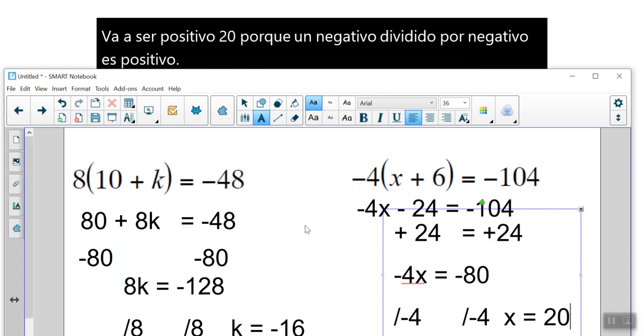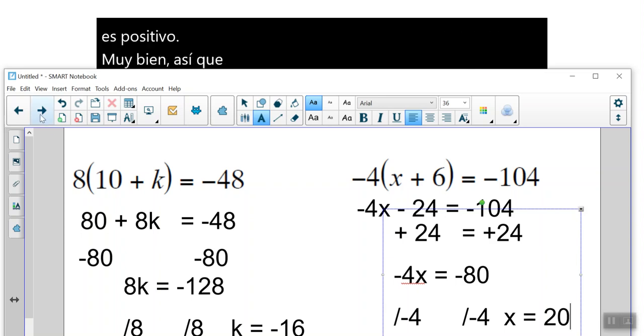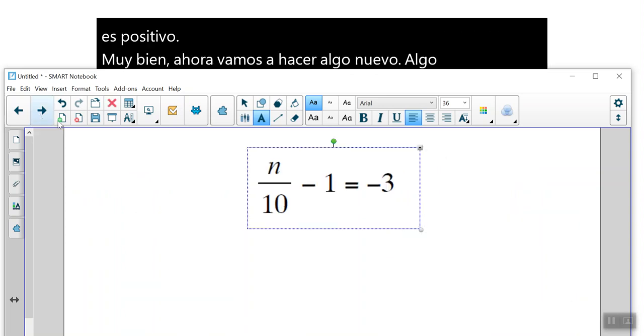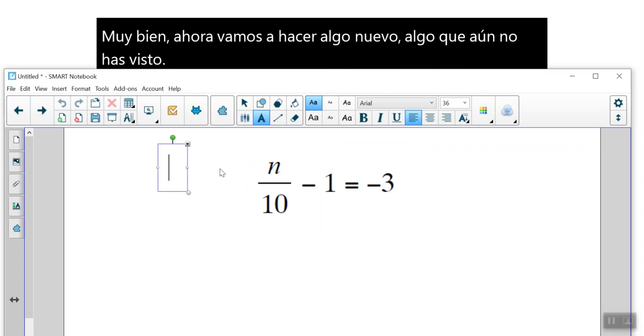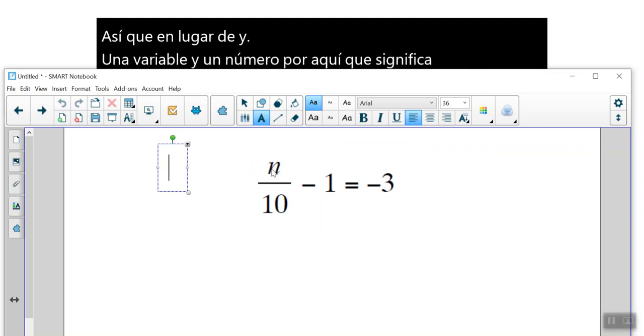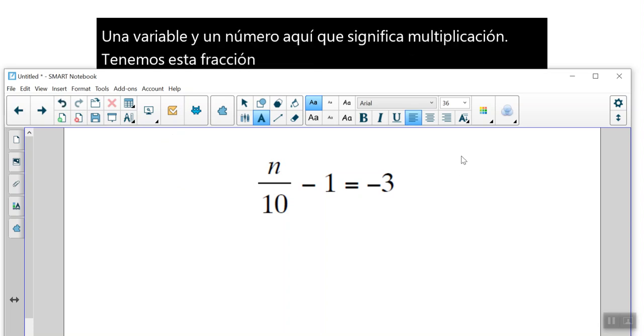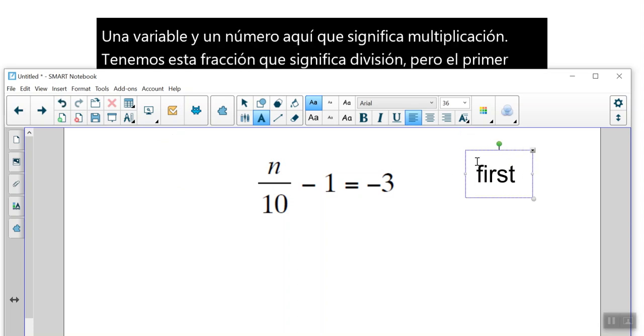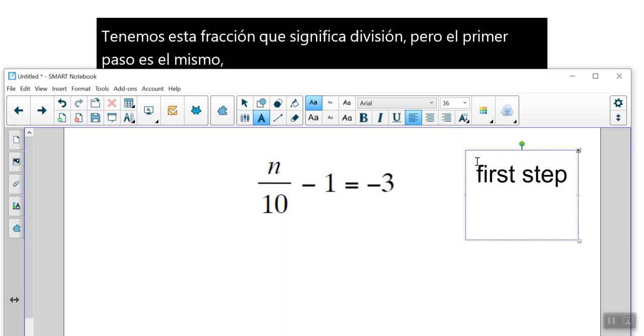All right, so now we're going to do something new, something you haven't seen yet. It's this one. So instead of having a variable and a number over here, which means multiplication, we have this fraction, which means division. But the first step is the same. The first step is still to add or subtract.